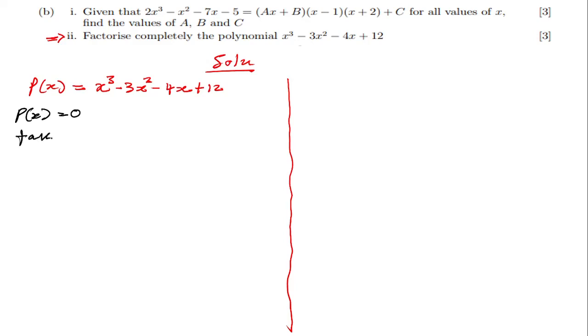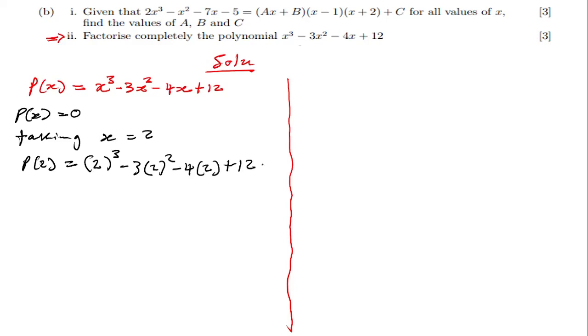So taking x is equal to 2, I'm going to have 2 cubed minus 3 times 2 squared minus 4 times 2 and then plus 12. This is what I have written there.